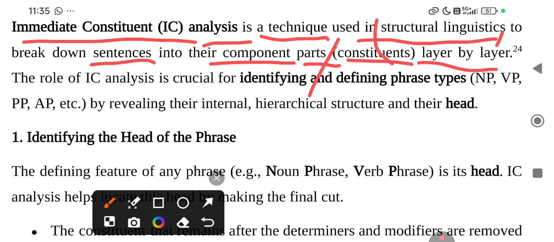That's a technique used in structural linguistics, because here we discuss the structure of a sentence, and that is when we break down the sentence into its constituents layer by layer.